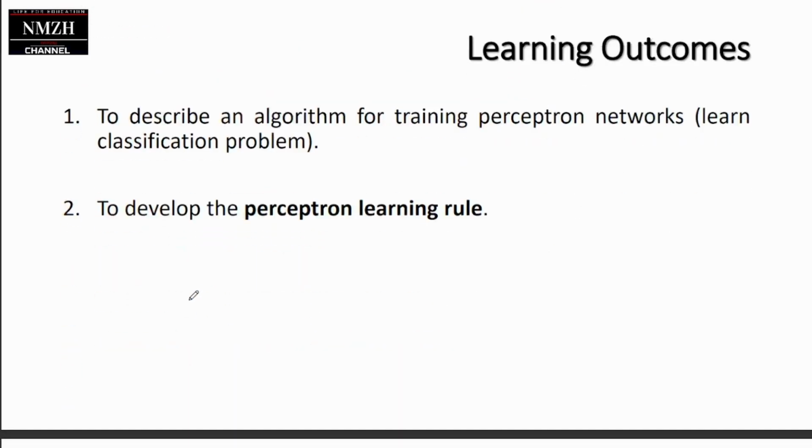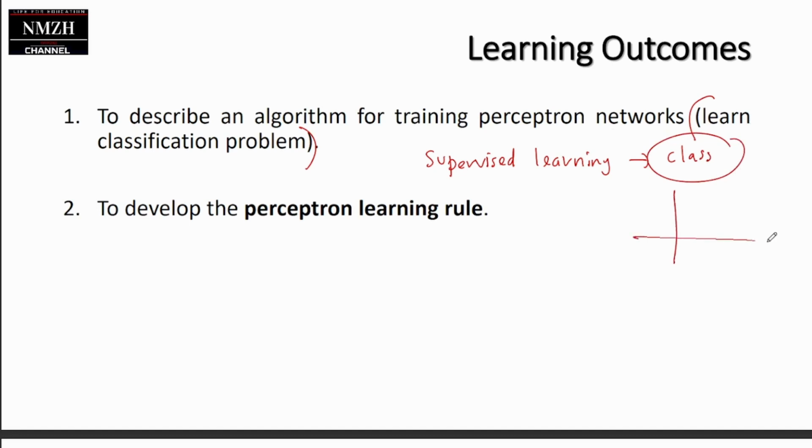For the outcomes, the first one is to describe an algorithm for training perceptron networks in order to learn the classification problem. Here, the focus of this video is supervised learning, whereby classification is our concern.